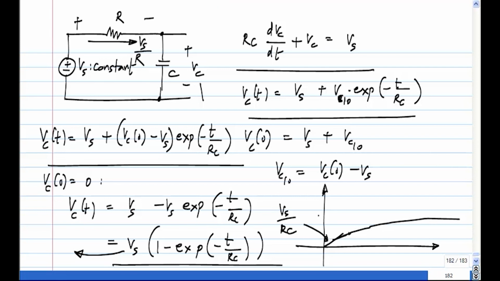For DC inputs, in steady state, there is no current through the capacitor.